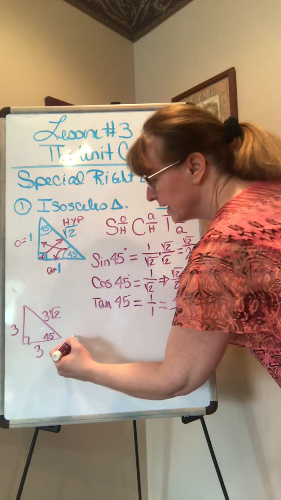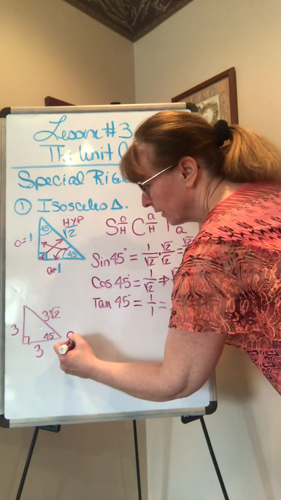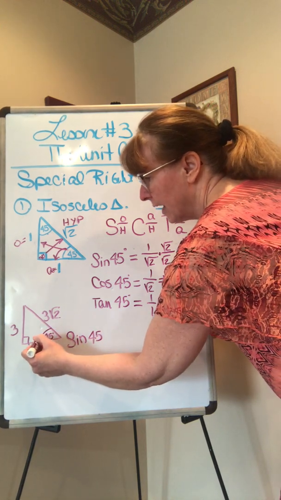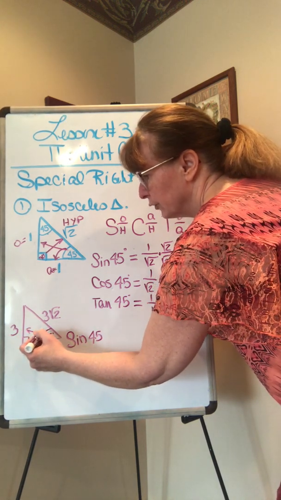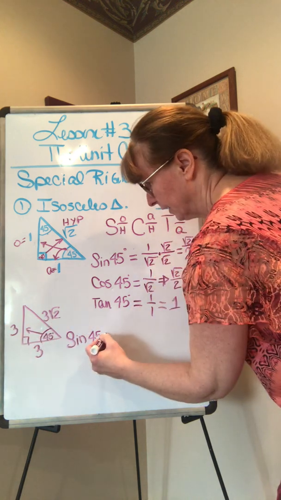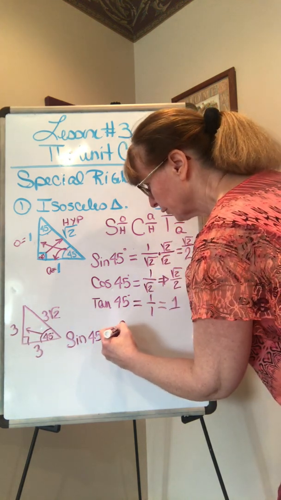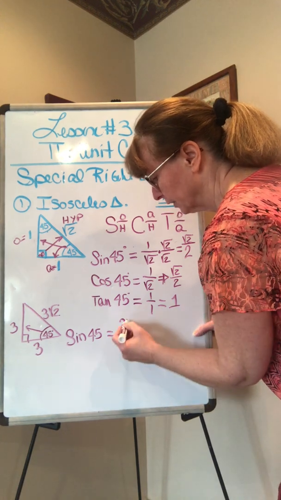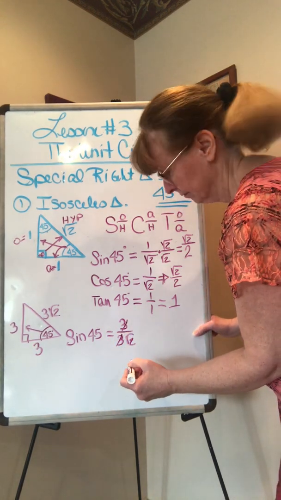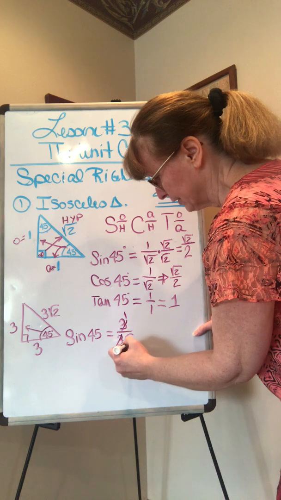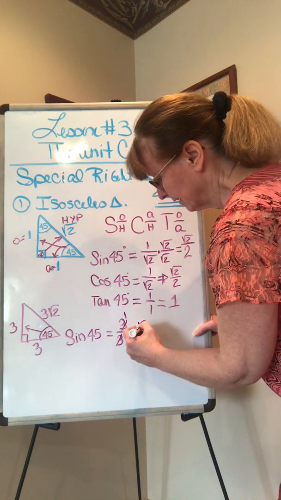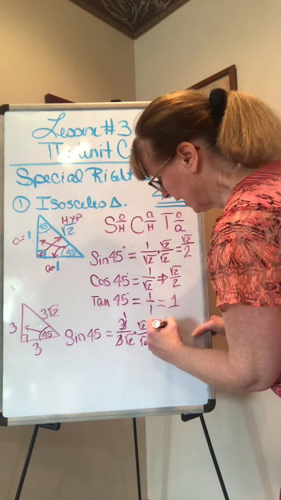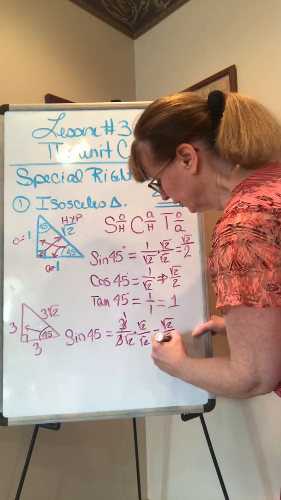And if I were to now find the sine of the 45 using these numbers, I have opposite to the hypotenuse. This would be 3 over 3 rad 2. Well, the 3's cancel. So now I have 1 over rad 2. Rationalize this guy out, and I have rad 2 over 2.